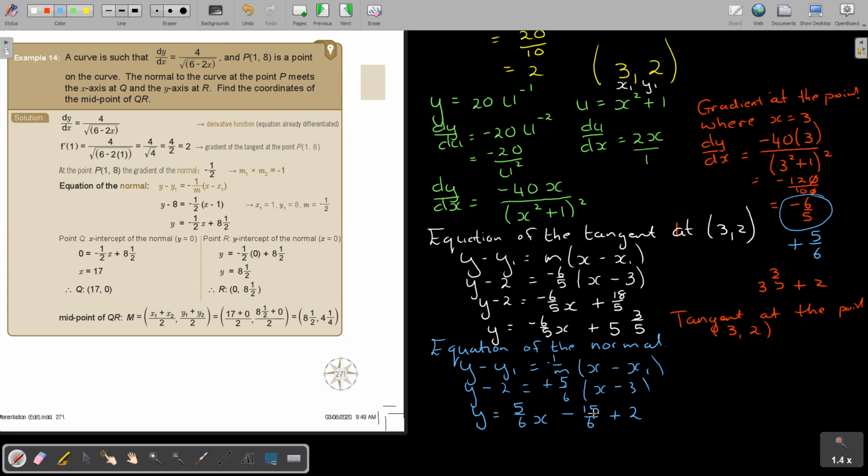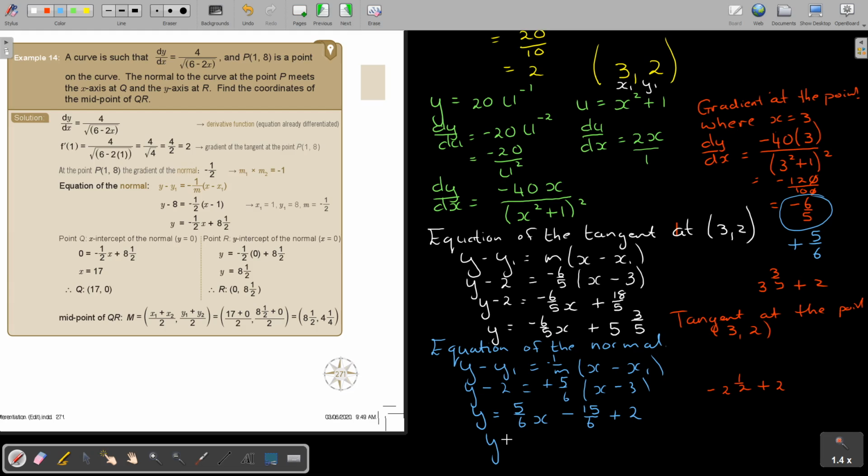Okay, I just want to show you on the side again. So it's negative 15 over 6, which is negative 2 and 3/6, so it's a half, plus 2. So if you subtract that 2, you will just get the negative a half.